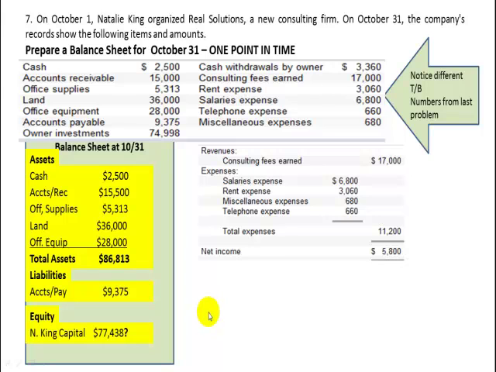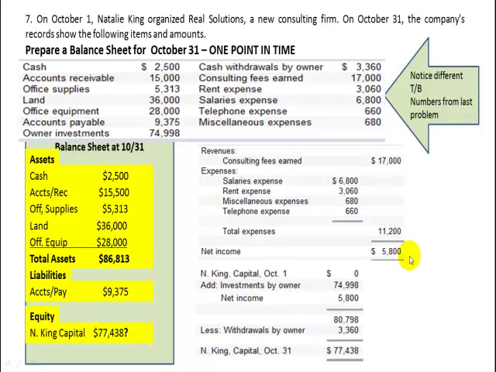Well, I could have done this, and in the real world, you might go ahead and do this. I could have said, okay, in order to get this balance sheet, you're going to have to put together an income statement, which would be the $17,000 revenues minus these expenses to come up with $5,800 worth of net income.